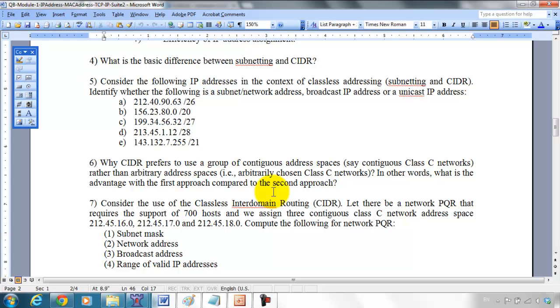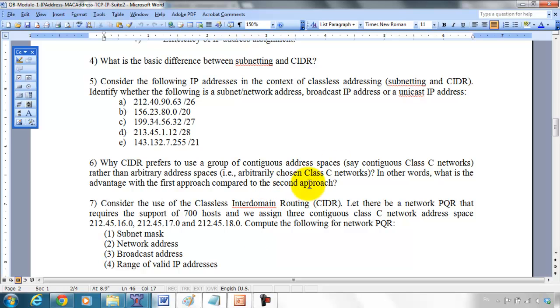We have to use class C address spaces that are contiguous to each other, so that we can capture the common bits in the network part and then summarize all of the class C address spaces we use as one single network address. Okay, so that's why we need to choose contiguous address spaces.